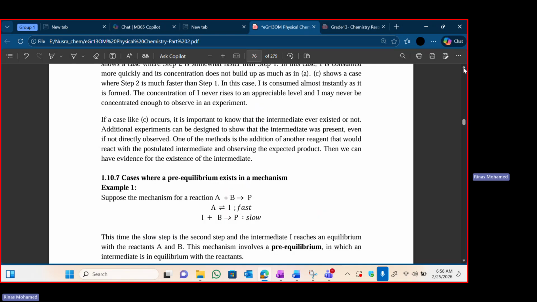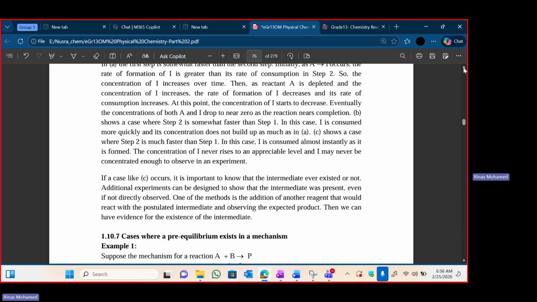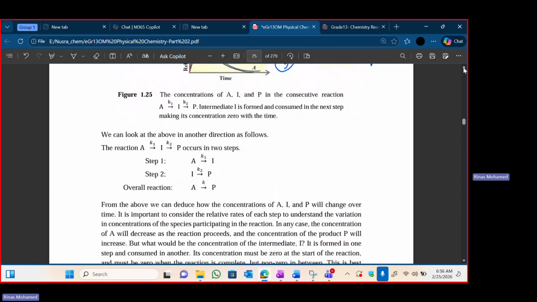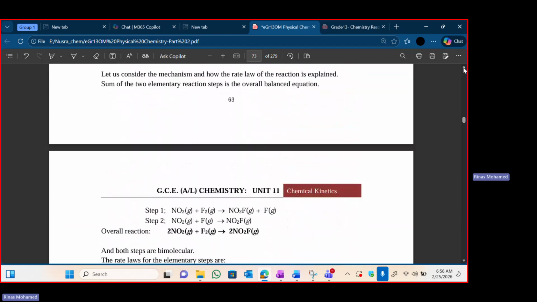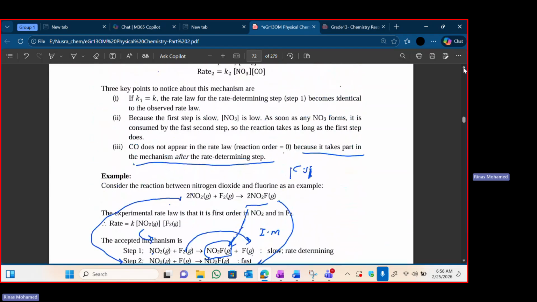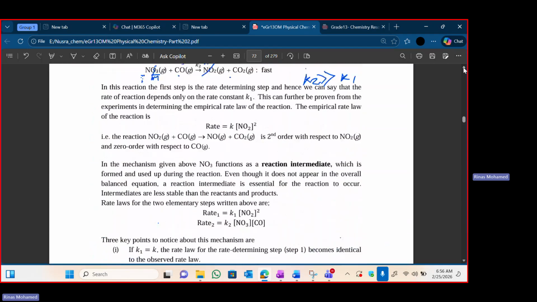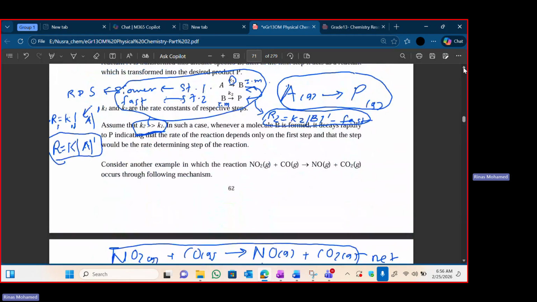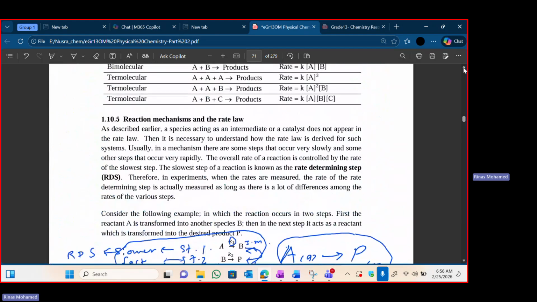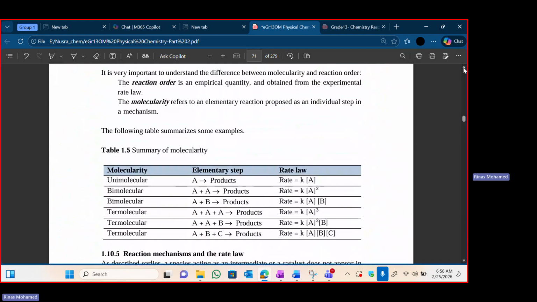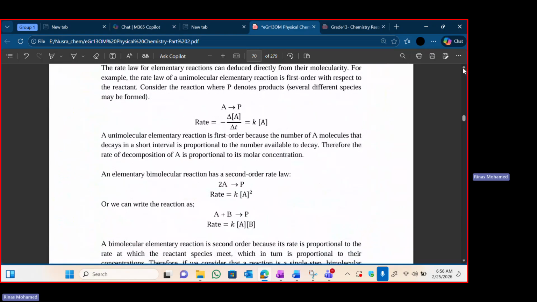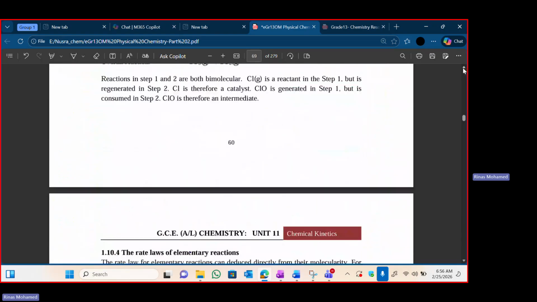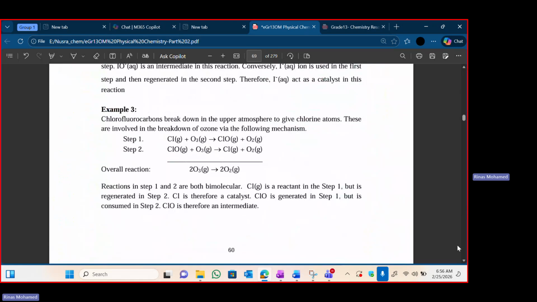Then what did we study today? We went through the reaction mechanism and different types of elementary reactions, how to write the rate laws, and how to identify the RDS, and that the RDS resembles the rate law of the overall net reaction.